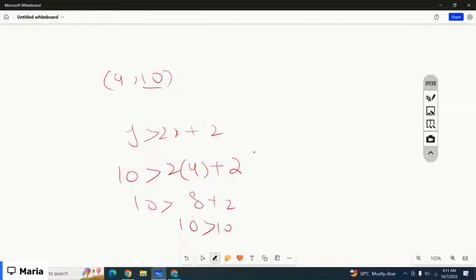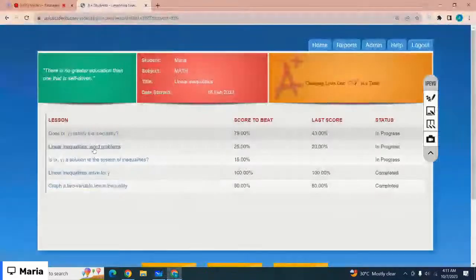Is 10 greater than 10? No, 10 is not greater than 10. So the inequality is false. That means the point (4, 10) is not the solution of the inequality y greater than 2x plus 2. Got it?